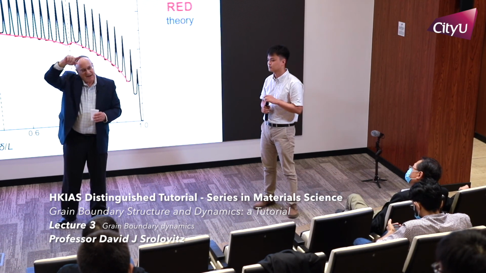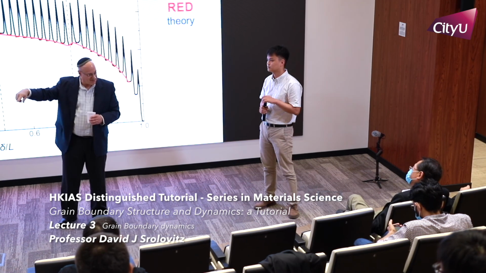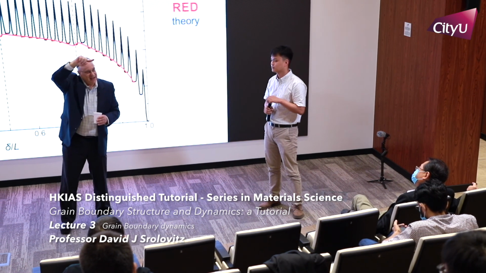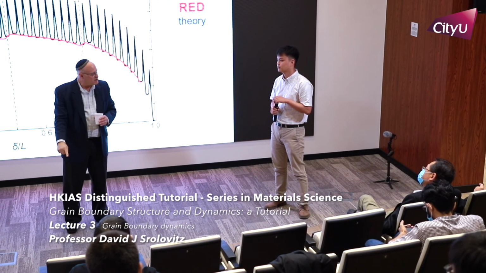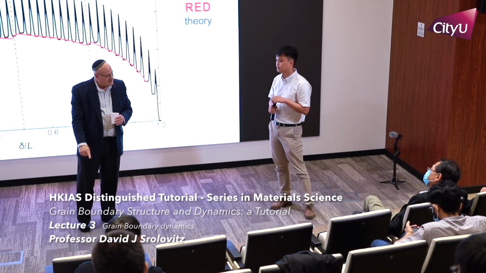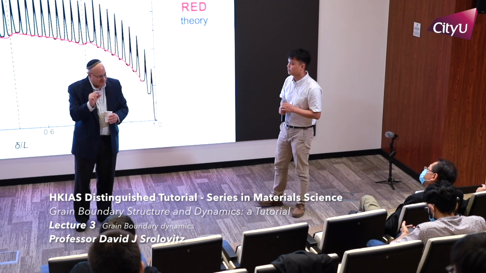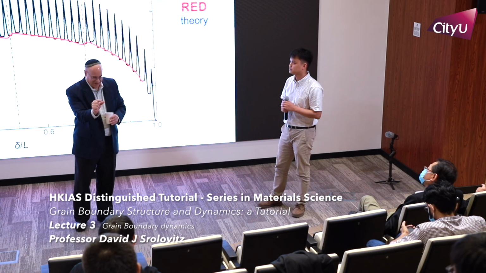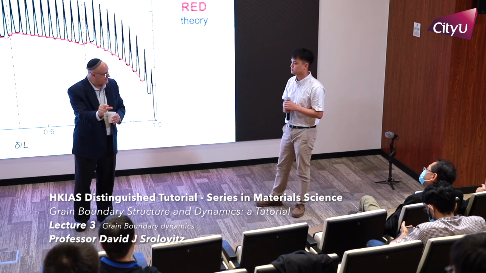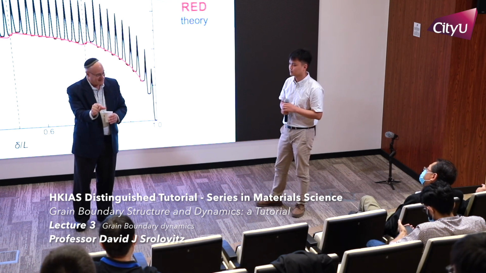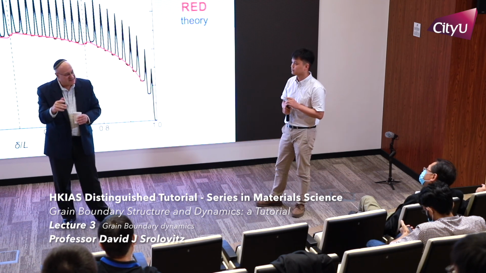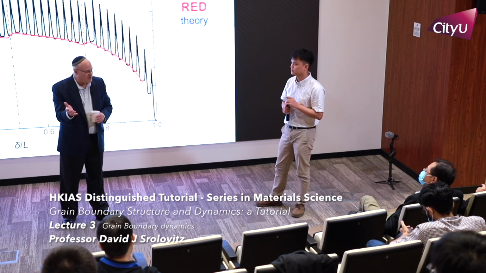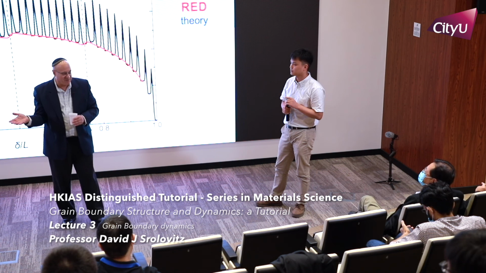It's special because the energy of the boundary is almost zero. That's much more important than this periodicity versus that periodicity. So even a sigma 3, if it's not coherent, is just a general boundary.